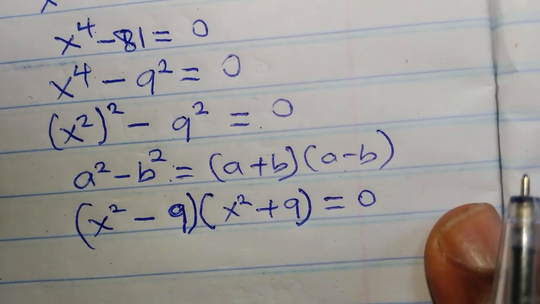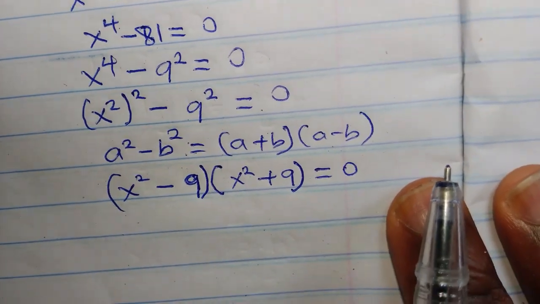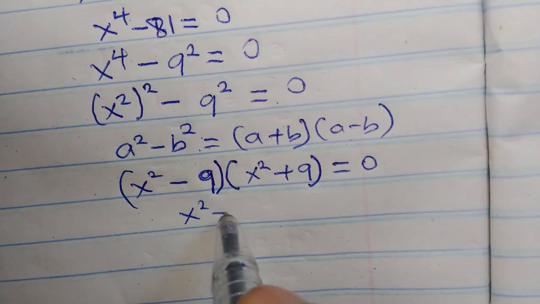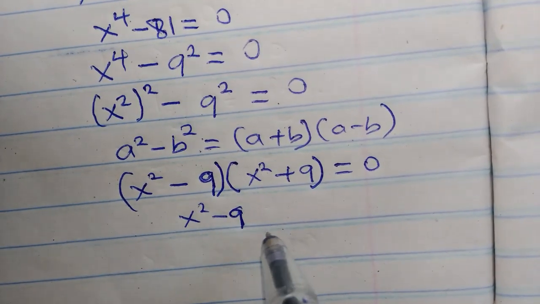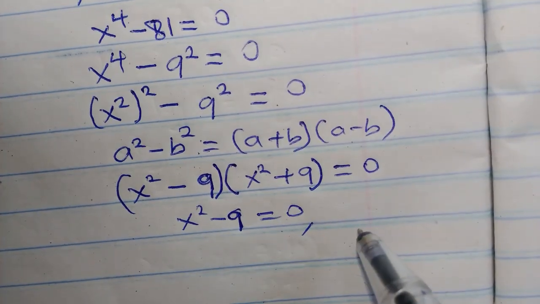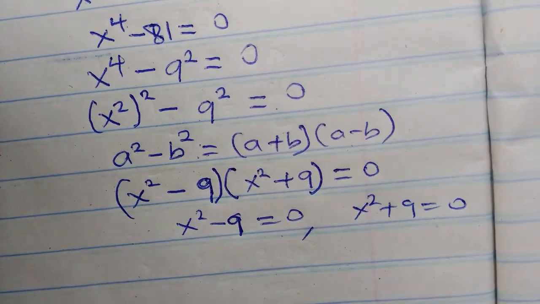From here we can simply equate each factor to 0. So we have x square minus 9 equals 0, and x square plus 9 equals 0.